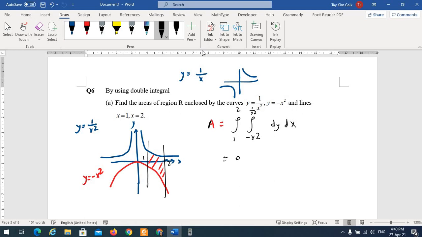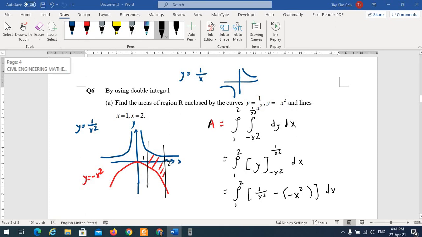And we just evaluate it. From negative x squared up to 1 over x squared, dx. So 1 over x squared minus negative x squared, dx.